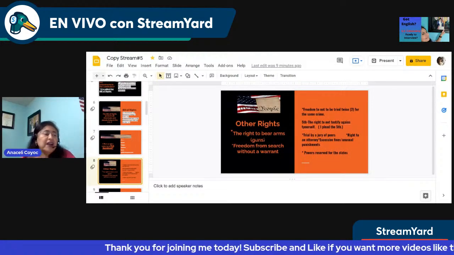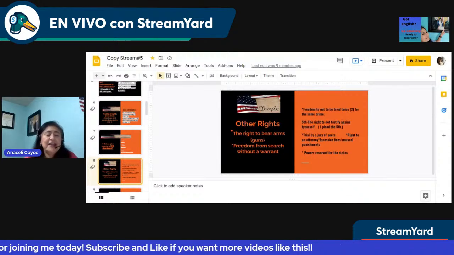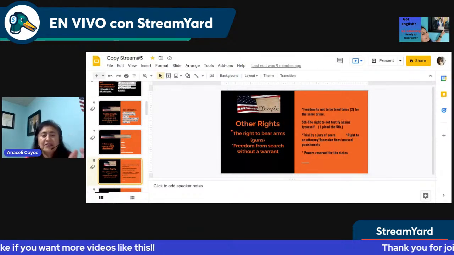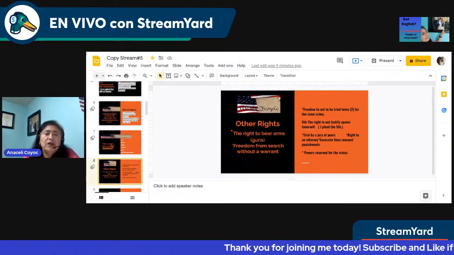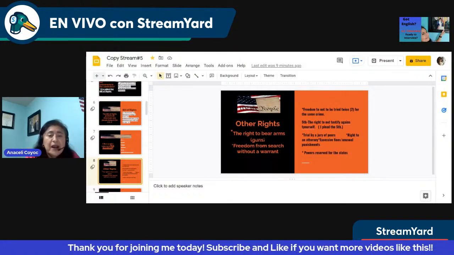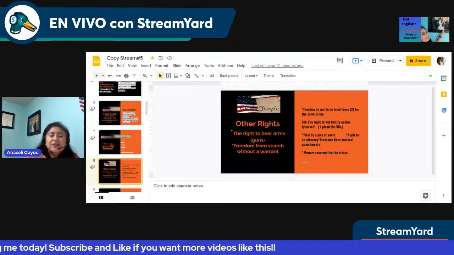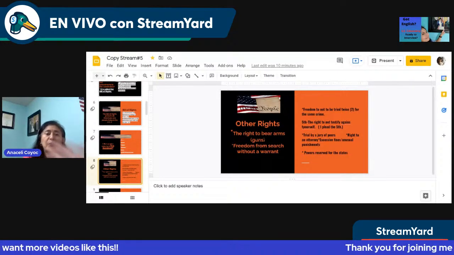Moving along, the other components of the 10 amendments, or the other 9 amendments of the Bill of Rights, or the first 10 amendments, and you'll hear it in the news: the right to bear arms, to have guns, armas in Spanish, to own a gun with permission, of course.